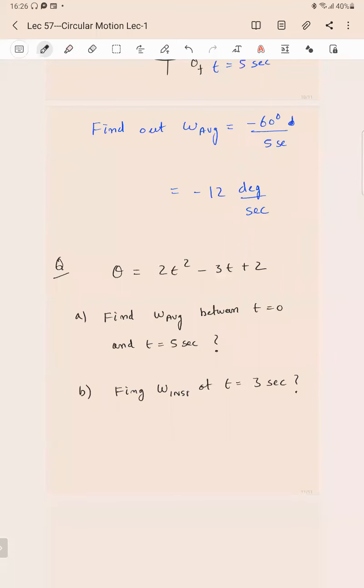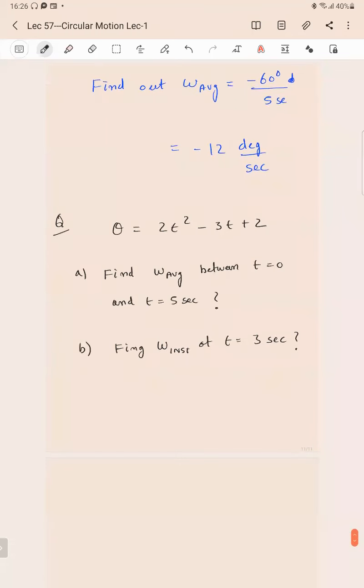Sir, can I tell the answer or send it? Yeah, you can tell me the answer. Sir, 35 degree upon 5. Okay, you have taken this theta in degree. Let it be in radian only. So it will be 35 radian upon 5 in the first case.